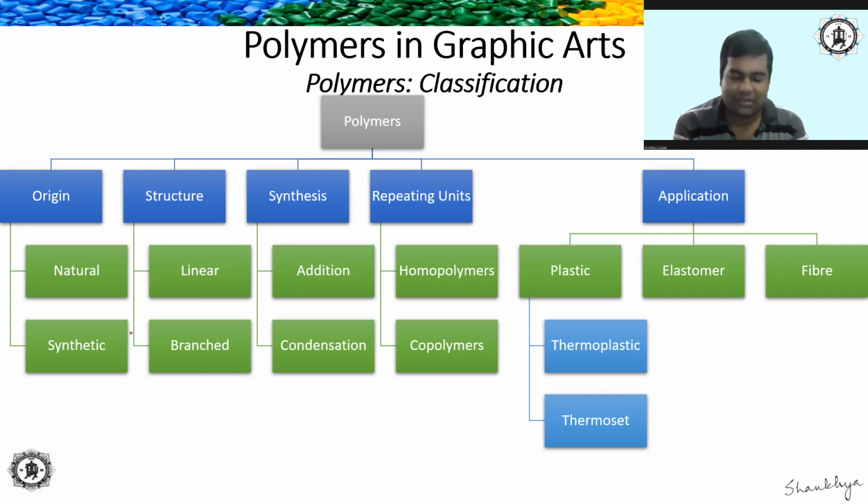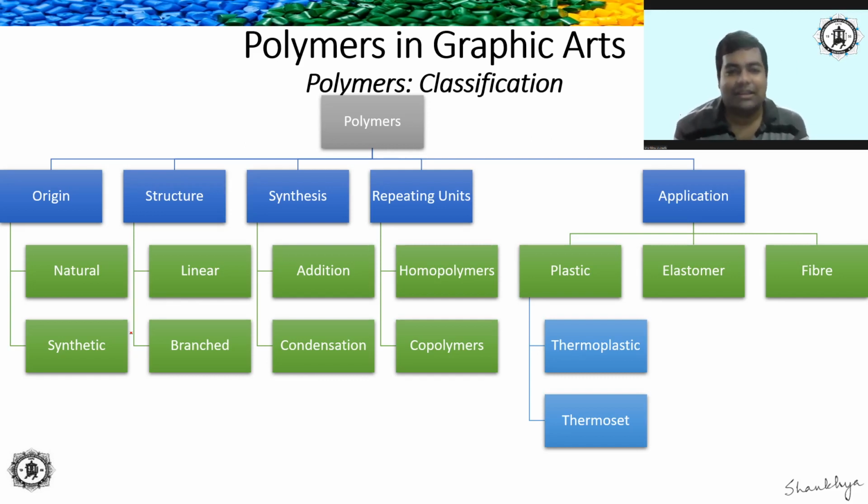I'll be saying all the answers, but just before we begin, because for you to answer the remaining classification types of polymers will be difficult. So just from experience or prior knowledge, will you be able to name any two natural polymers and any two synthetic polymers that you may have used?